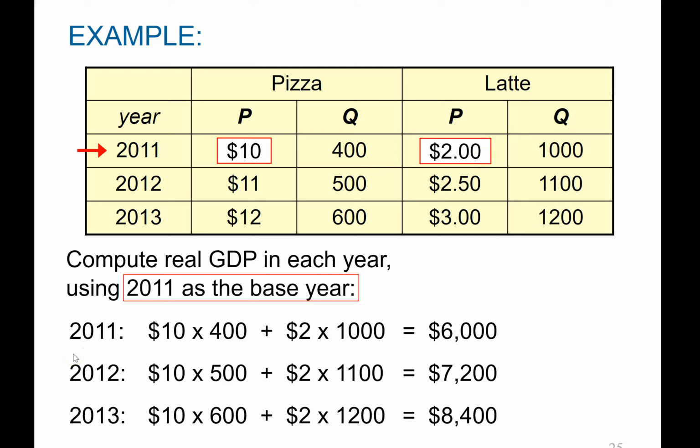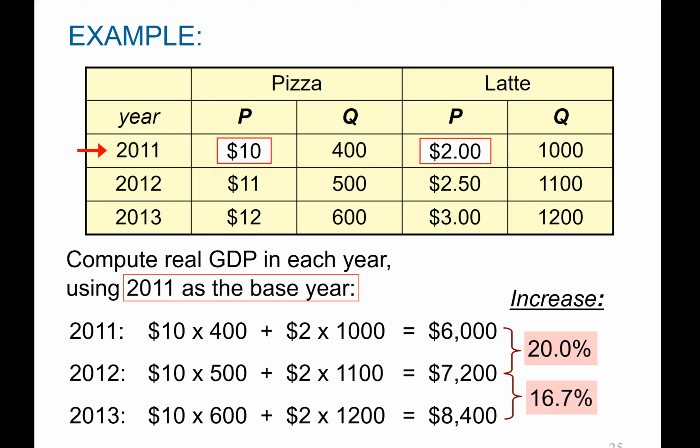Basically, it's called deflating. It takes the inflation out of it. And what we can see here is now we get a much more accurate measure. When we look at the increase in real GDP from one year to the next, we see that it's only 20%, not 36% change. And from 2012 to 2013, it's 16.7%. And what we see in this increase, this number now tells us that we increased our production.